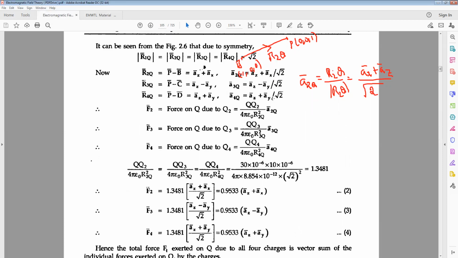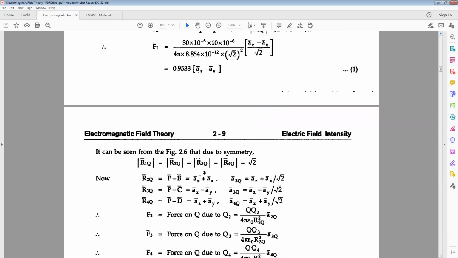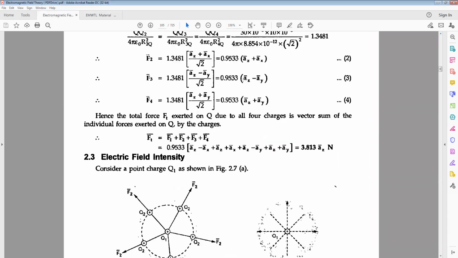The first one we got, F1 bar, is AZ bar minus AX bar. Second, F2 bar, is AZ plus AX. Third is AZ minus AY. And fourth is AZ plus AY.